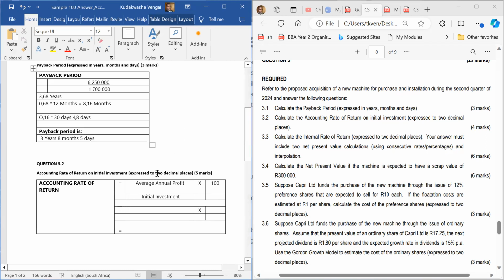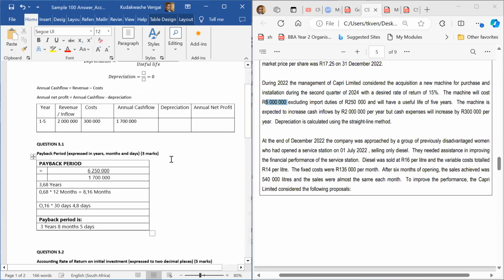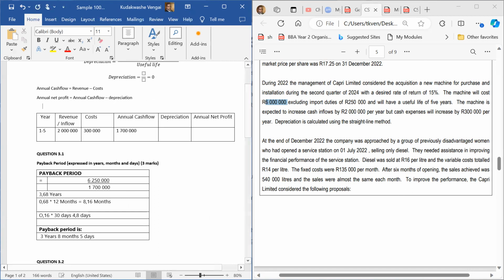So let's go through it. I want the average annual profit. If you go through the information that the lecturer is giving us, you will notice that he did not give you the average annual profit. It's something that you need to work out as a student. Let me put an extra formula here: average annual profit is going to be the total annual net profit divided by the number of years.